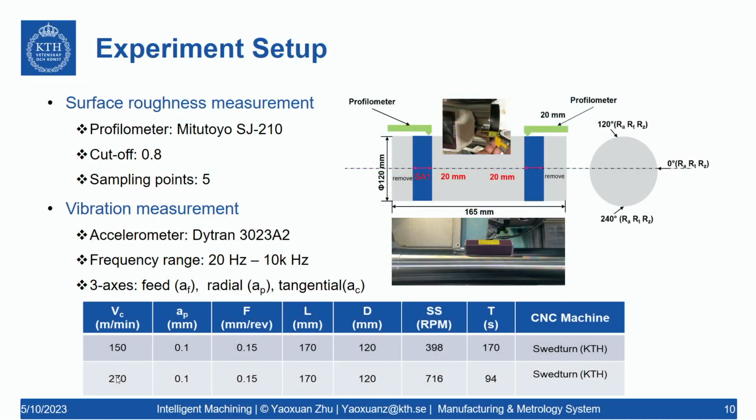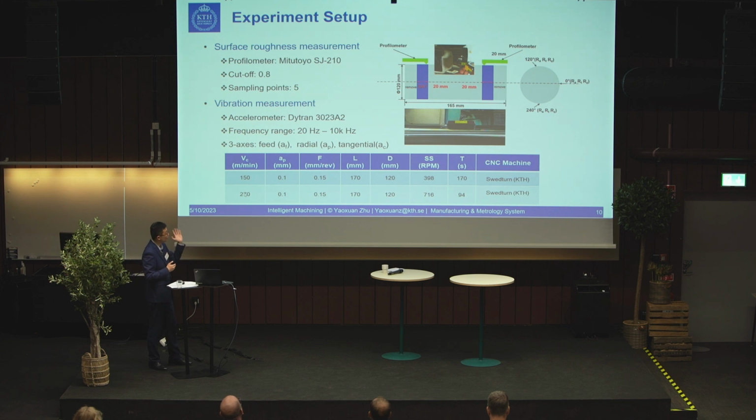For the experiment setup, we have to complete 2 measurements, during and after the machining process. During machining, the vibration signal is automatically captured and recorded by the piezoelectric accelerometers in 3 axes here.